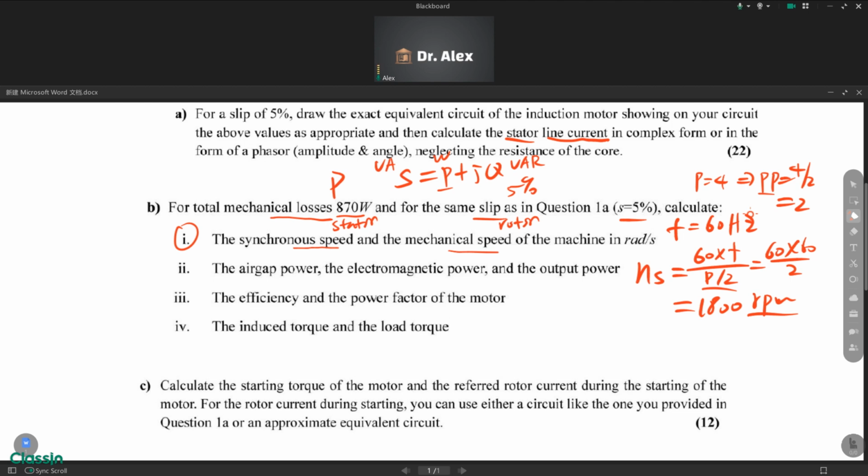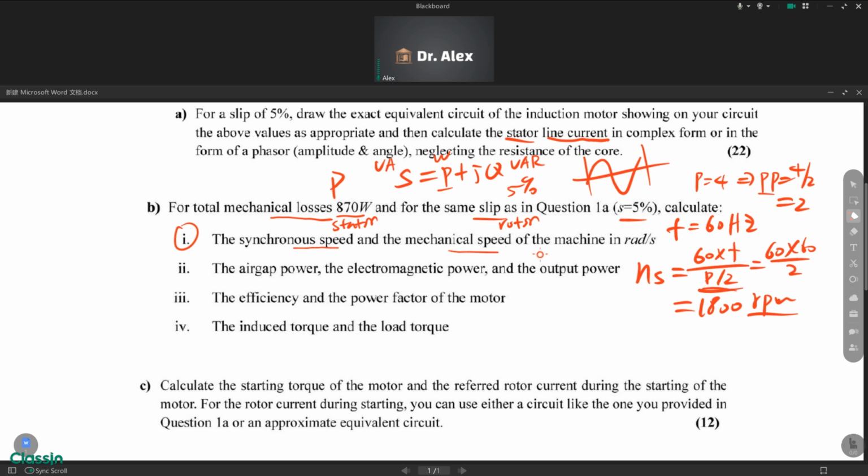However, if we have two pole pairs, it doesn't need to revolve the whole cycle. It only needs to revolve half of the circle to generate the whole cycle of output. So we need to divide by the pole pair number.